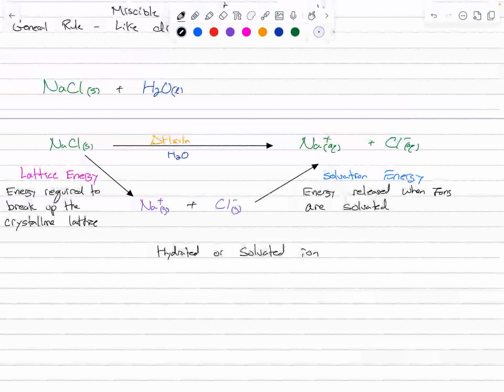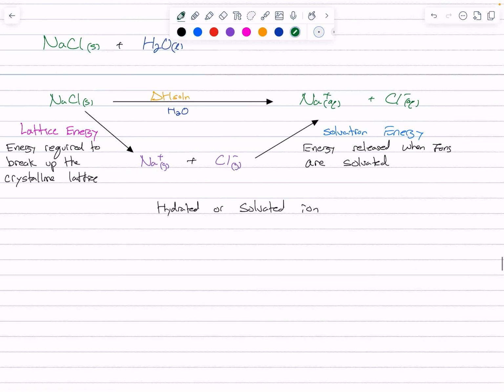So what water does with the one ion is different than if you have a bigger molecule. But anyway, we got sodium ion here, and we'll have chloride over here. Not to scale, but sodium is much smaller than chloride.